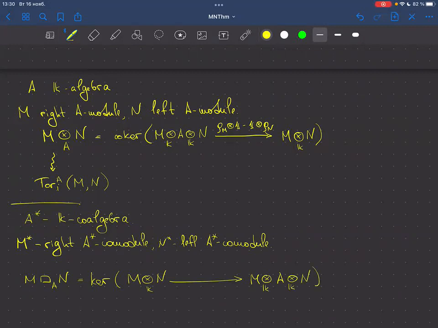This map is just the difference between coaction on N and coaction on M.